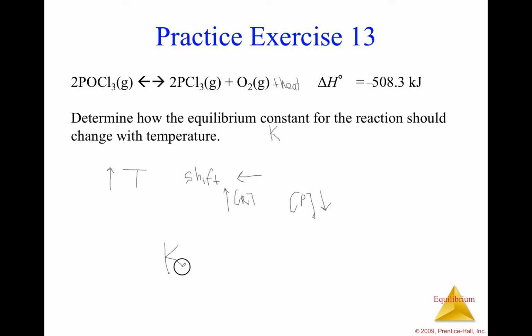Remember, K is essentially products over reactants. So if I shift to the left, I'm making more reactants and using up my products. What happens to that ratio? K will decrease.